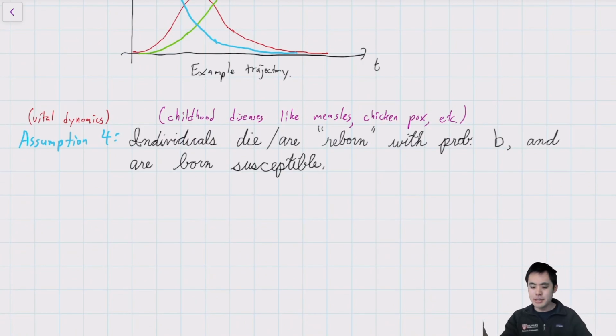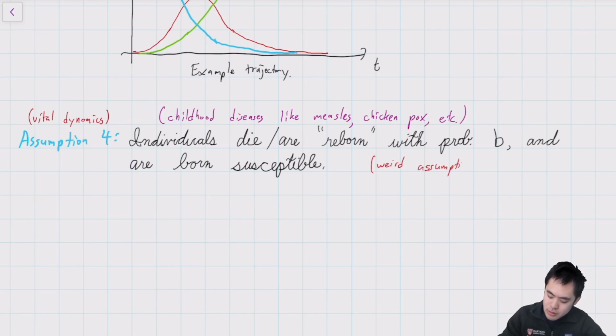But yes, this weird assumption allows constant population size, constant population size N.